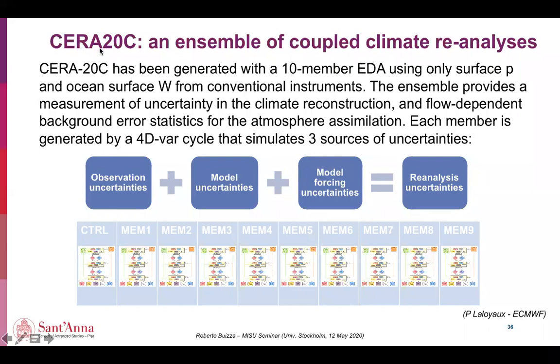This so-called CERA system, coupled ECMWF reanalysis data assimilation system, has been simulating observation uncertainties by perturbing the observations, model uncertainties by stochastically perturbing the model, and also some forcing uncertainties by taking into account uncertainty in the forcing as well.